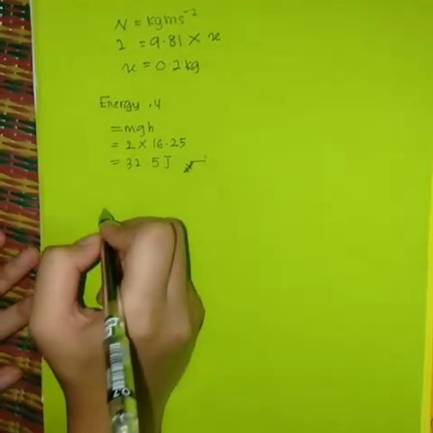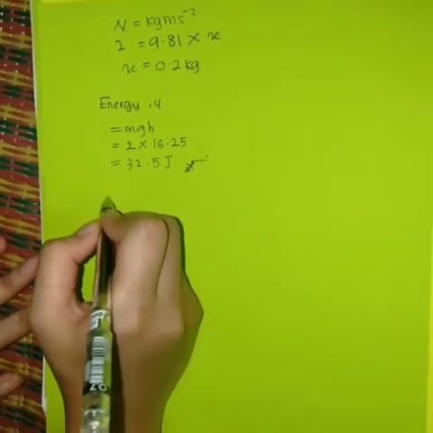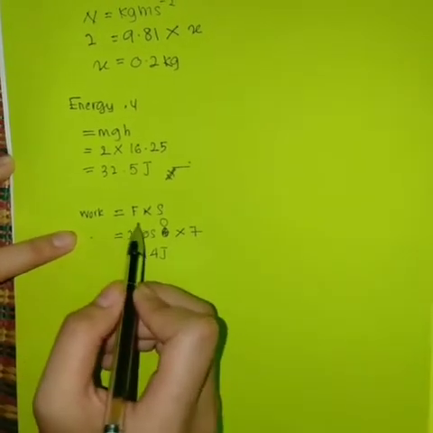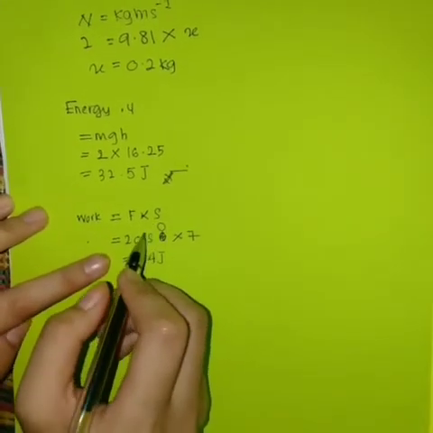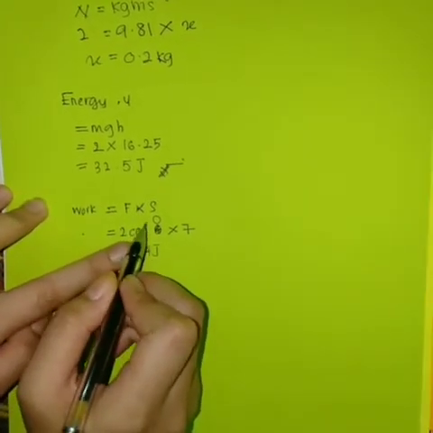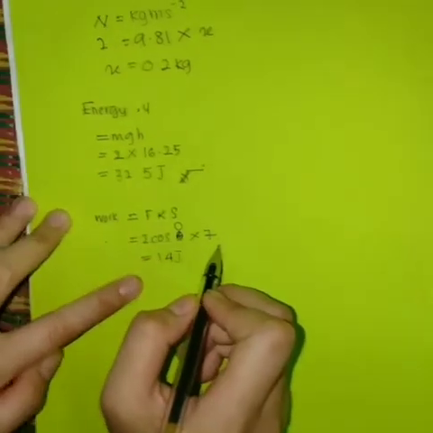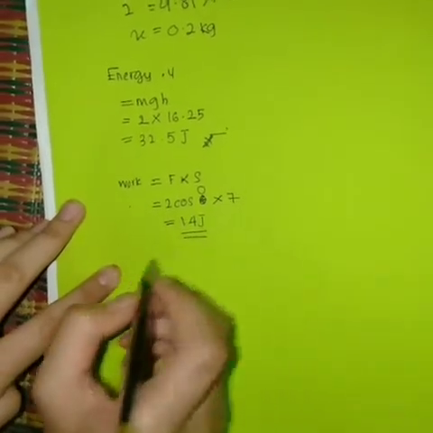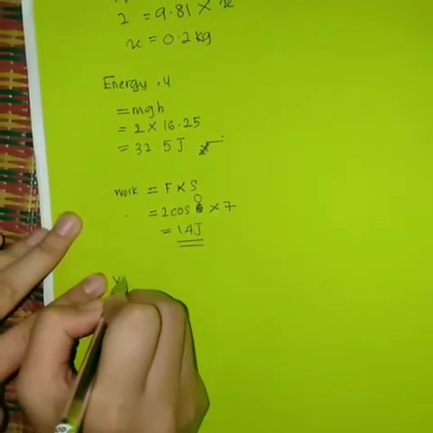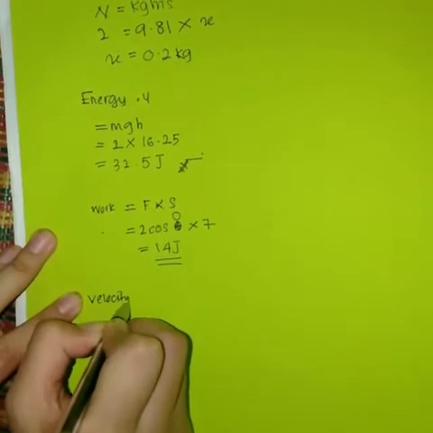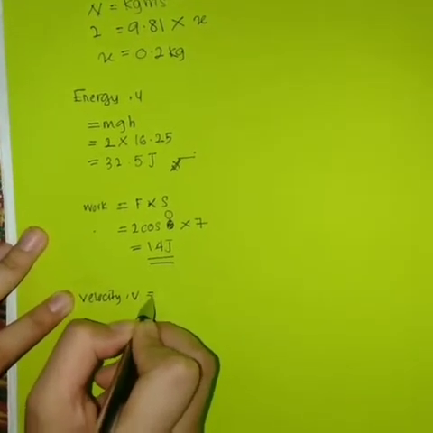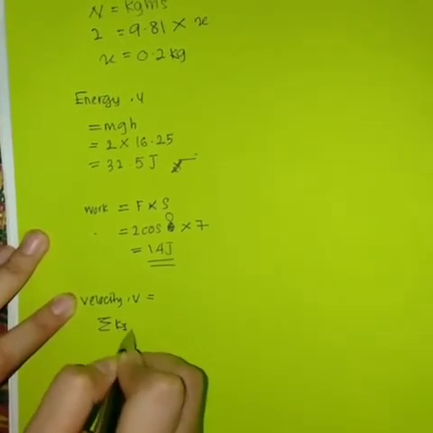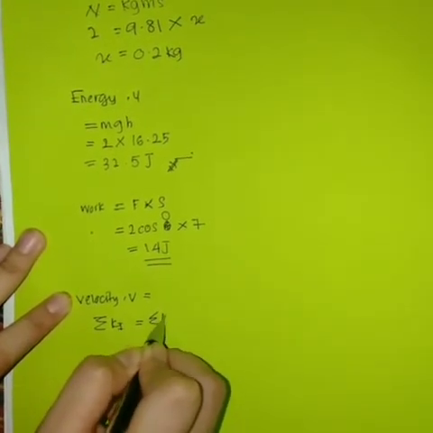So we need to find work. Okay, to find work we use F times S. For the S we get 2 cos 0 times 7. So we get 40 joule. Okay, so the last we need to find velocity. So we use the sum KF.